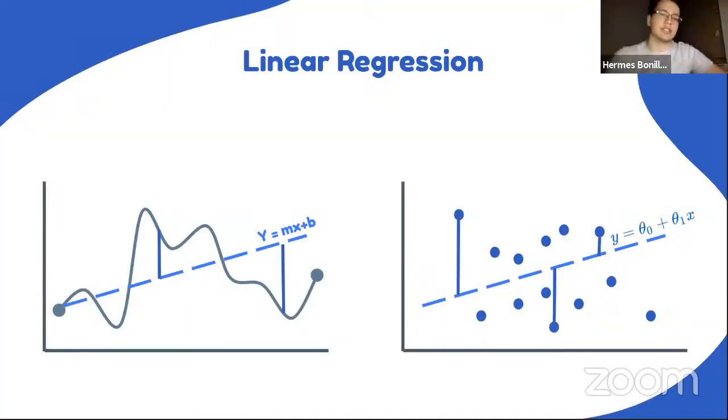So linear regression. This is really the basics, and it is a very statistical thing, but it's important to learn nevertheless. On the graph on the left, this is what we usually see in everyday life when we're looking at graphs. We see this continuous graph that goes up and down and fluctuates. When we're talking about linear regression, we're really looking at that one dotted light blue line in the middle.